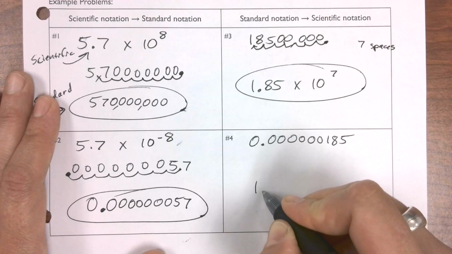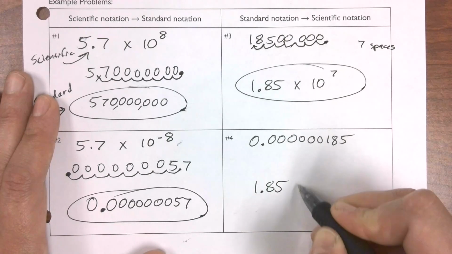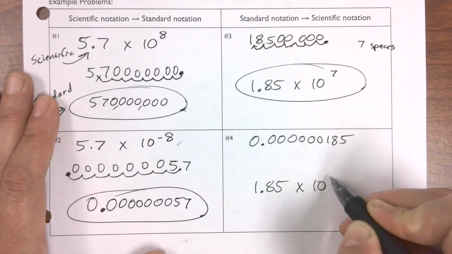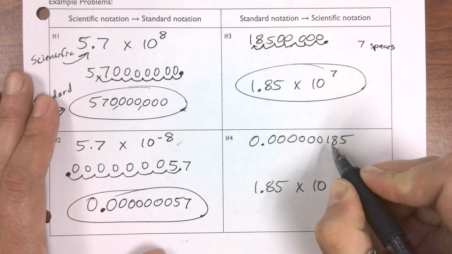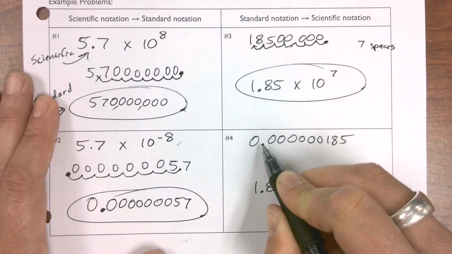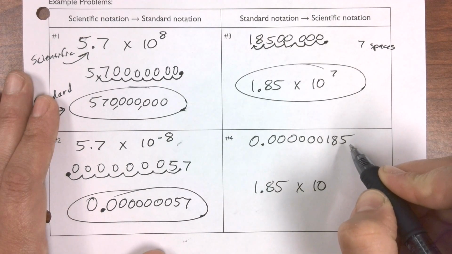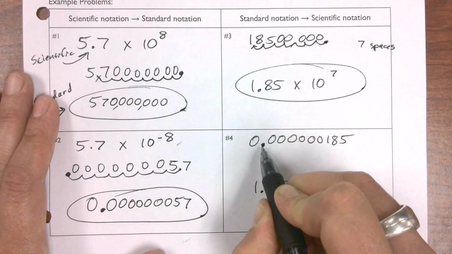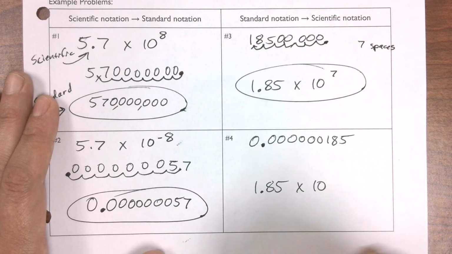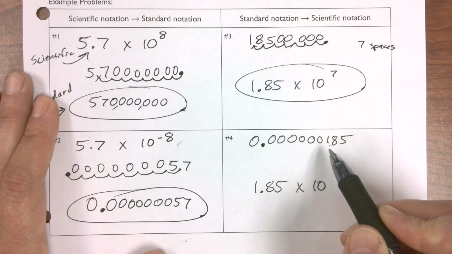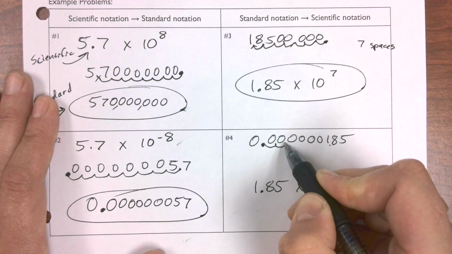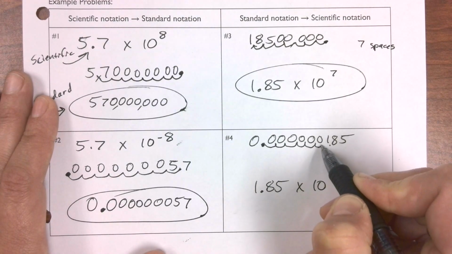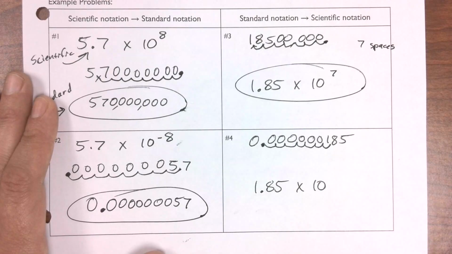So I'm going to rewrite 1.85 down here, and I know it has to be times 10 to some power. The decimal is already shown in this number, so it's not starting at the end. We're going to leave its starting point right where it's shown. Now we need our ending point to be right there to make it between 1 and 10. So let's count how many spaces are between there and there: 1, 2, 3, 4, 5, 6, 7 spaces.